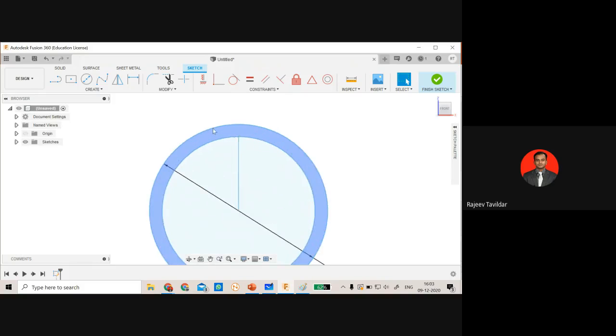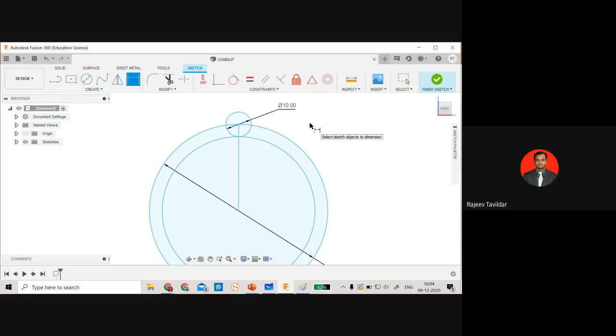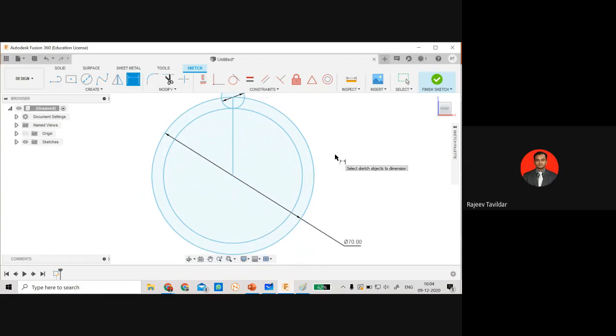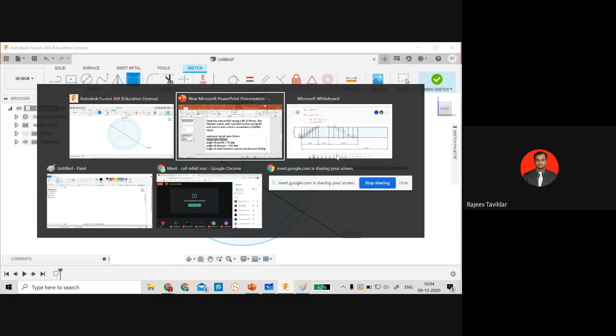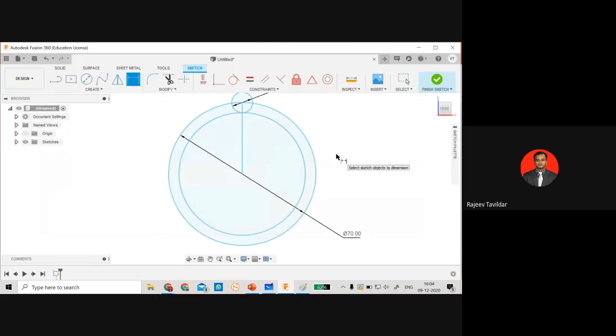Now let me draw one circle over here. I think the roller radius was 10 mm, right? Okay. Just a minute. This has to be 80.